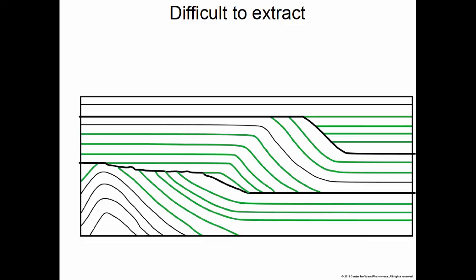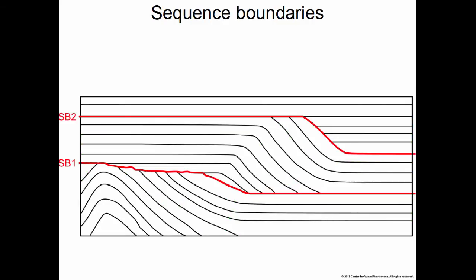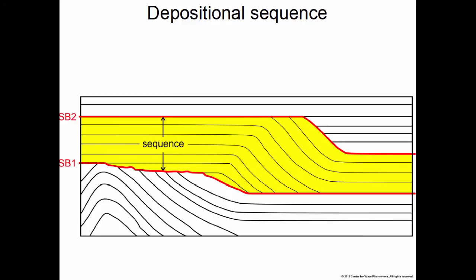So to extract these difficult horizons, we first need to extract the boundaries where these horizons stop. Actually, these boundaries are called sequence boundaries by geologists, and they are important for geologists to define a depositional sequence.